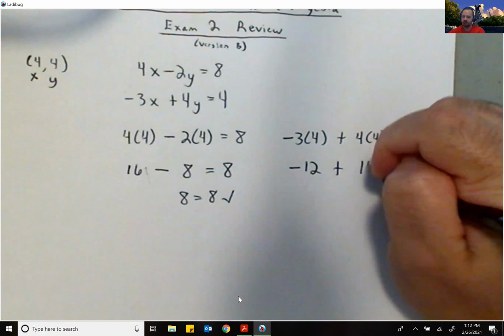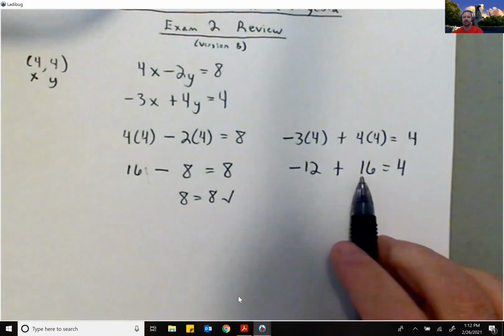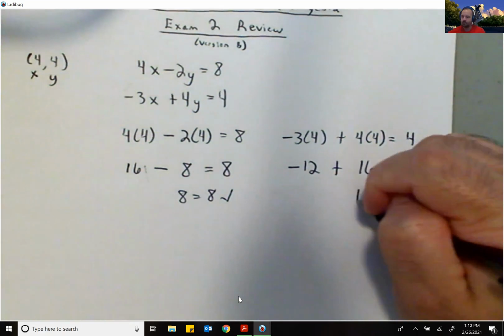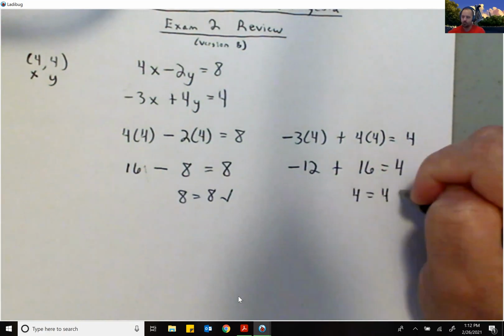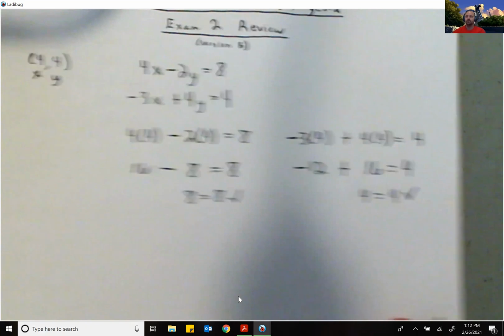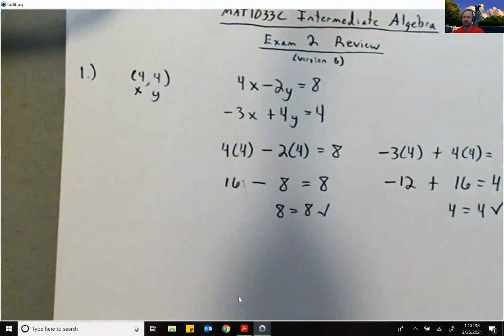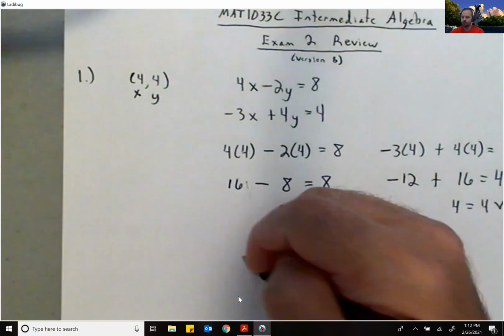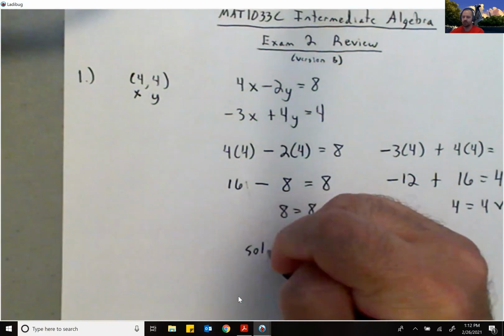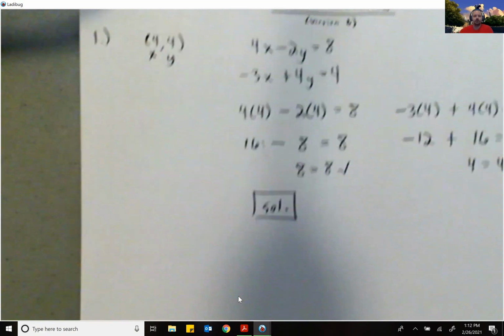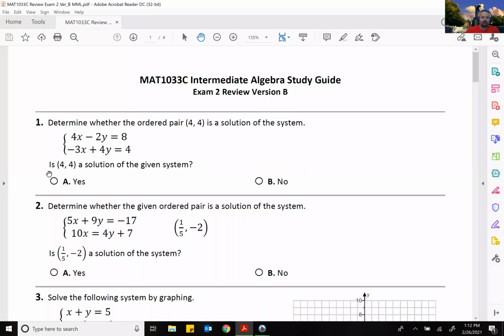So the question is, is negative 12 plus 16 equal to 4? Yes. So it works. So is this a solution? Yes. Solution. So in your exam, you would just come over and you would check yes.